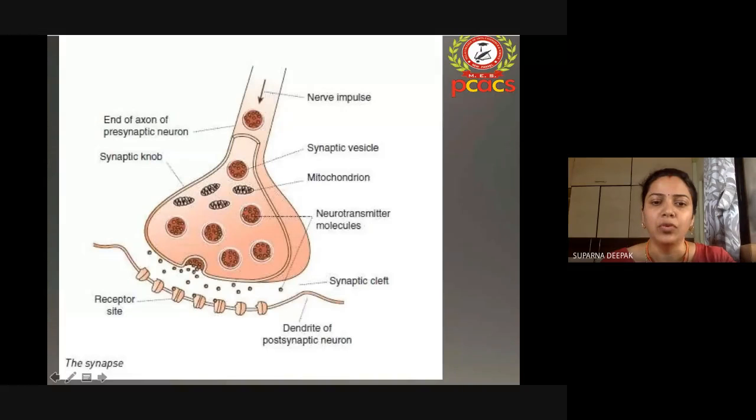Inside these vesicles, you have neurotransmitters.